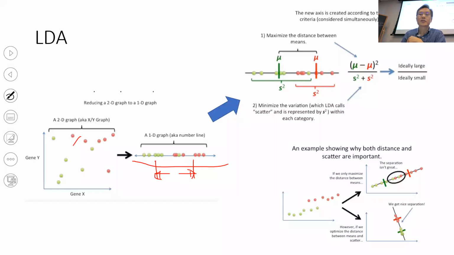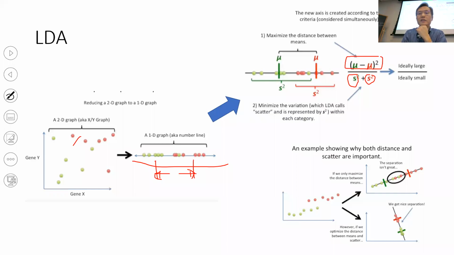Well, the algorithm not only considers the difference between the means of green and red, squared because you can have positive and negative values. It's just the difference between them. You also consider the variance within the group, the points within the group.